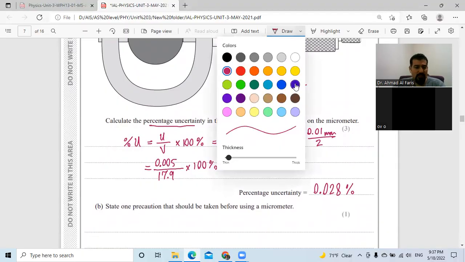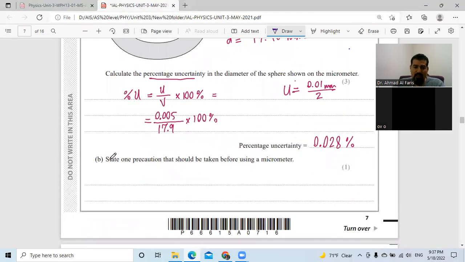Okay, let's move on to the next part. State one precaution that could be taken before using a micrometer. Any instrument has problems. If it's digital or analog, for example here we have analog, that means I have to check the zero error. I have to avoid parallax error. Every instrument has a problem. Here, because I have a micrometer, I have to check the zero error.